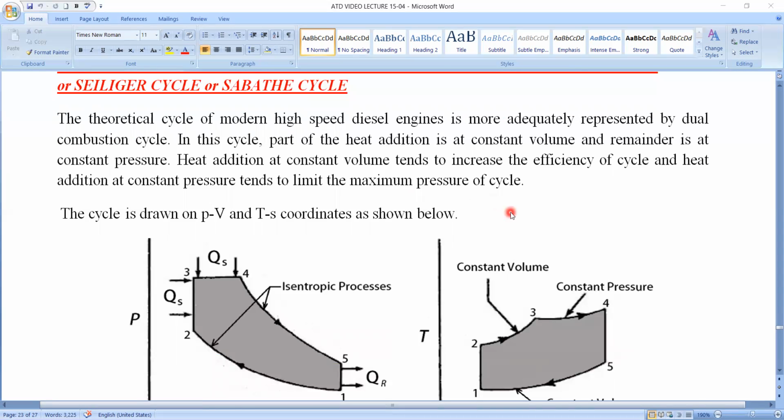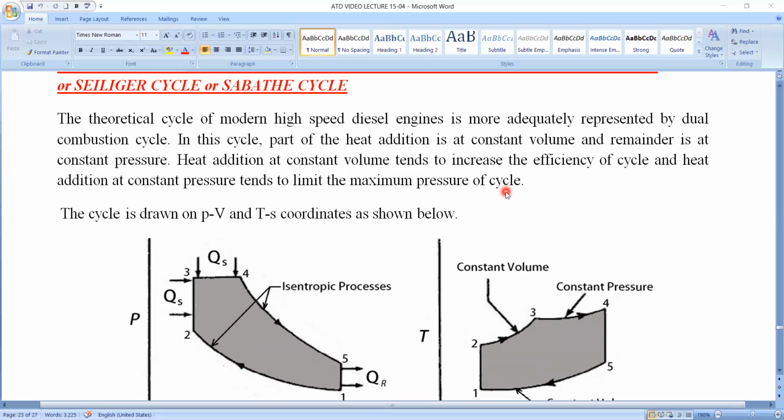As the name itself indicates, in the dual cycle, the heat addition takes place in two different stages. The first part of heat addition takes place at constant volume, that is isochorically. The remaining part takes place at constant pressure, that is isobarically. In the Otto cycle, we have seen the heat addition takes place at constant volume.